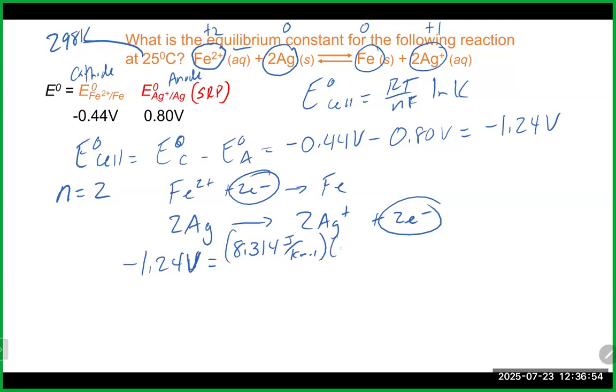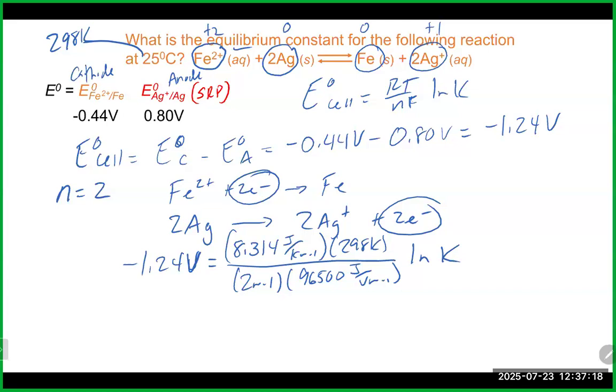Our temperature of 298 Kelvin divided by our n, which is 2 moles, and our 96,500 joules per volt per mole times the natural log of K. Cleaning up a little bit on the right-hand side there, 8.314 times 298 divided by 2 and divided by 96,500 gets me something like 0.012837.